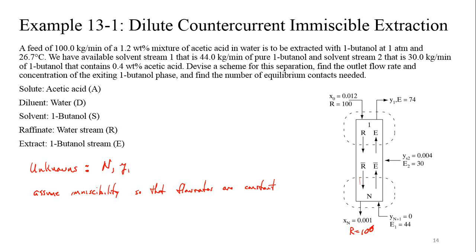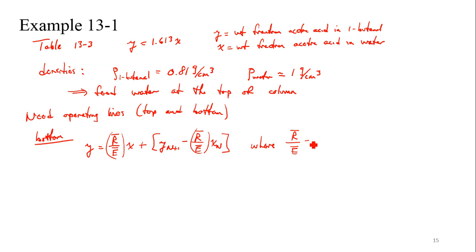E bar in this case is what? 44. Yeah, it's before we get the second stream coming in. So in this case we've got 100 over 44, which is equal to something like 2.273. So now we know the slope of this operating line.